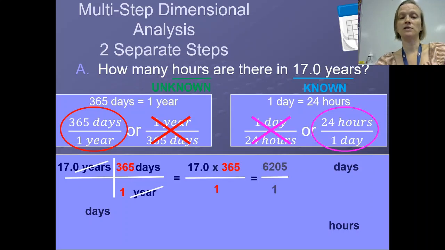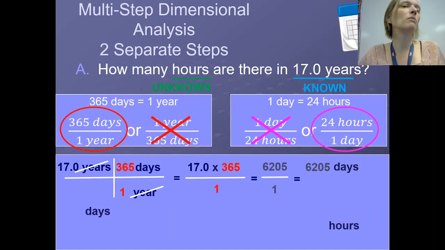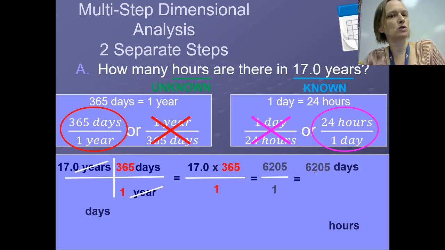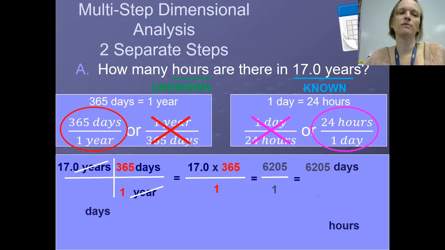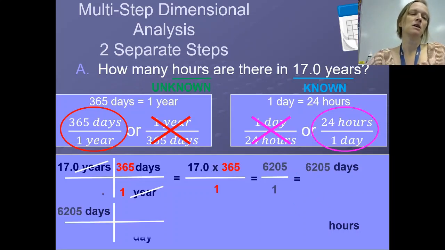and I get that I have 6,205 days. Now, normally I would round that off to 6,210 days, but I'm not going to do it yet because I'm still doing more math with that number, and I don't want to round off too soon, because if you round off too soon, you sometimes get rounding errors, and then your final answer is a little bit off. So I'm going to keep that 6,205 days, and use my next conversion factor.